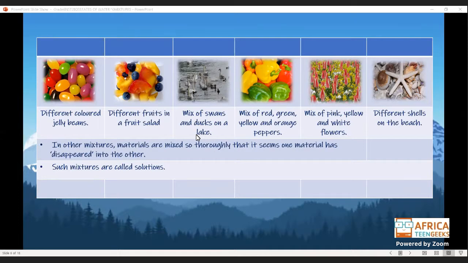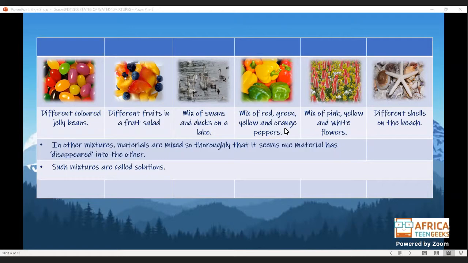You are right, a mix of ducks and swans together on a lake, a mix of red and orange and yellow and green peppers, a mix of pink, yellow and white flowers in a field. And then you also get different shells mixed up on the beach. So these are mixtures that you can really see clearly.